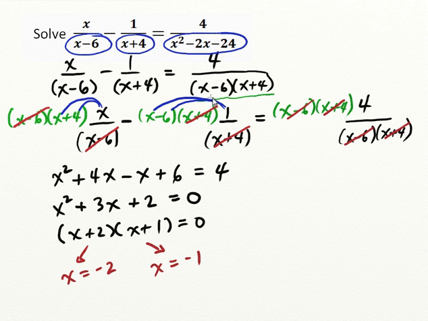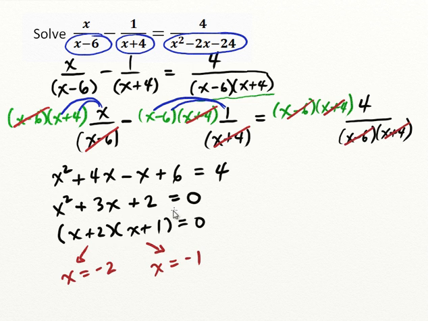So if I have the root negative 2, and I substitute that back in here, it would be negative 2 minus 6, which is negative 8. That's okay. Negative 2 plus 4 would be positive 2. That's okay. And it won't cause a problem in here as well. Negative 1, similarly, negative 7 here, positive 3, no problem there as well. So both of these roots are valid.